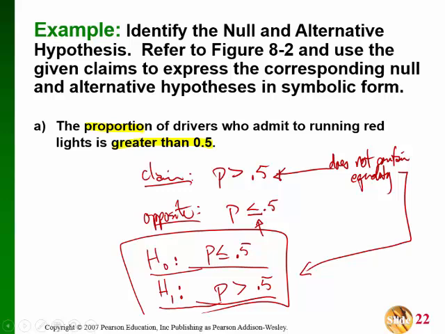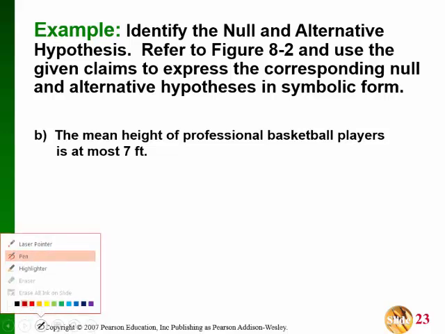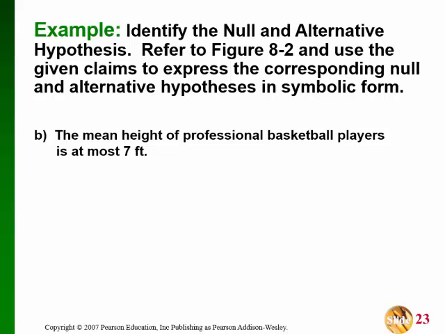Let's try the next one. The mean height of a professional basketball player is at most 7 feet. At most. That's a tricky phrase, at most. At least I can highlight mean, right?